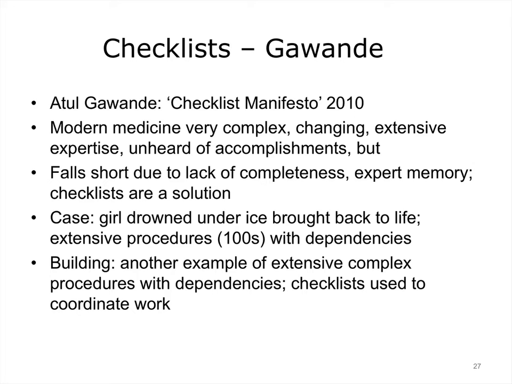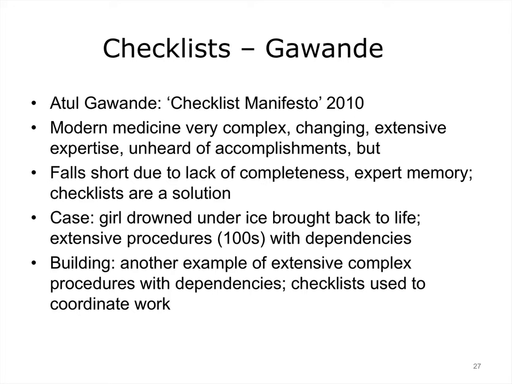The medical system's response to increased complexity has been for clinicians to specialize and undergo ever lengthier, sophisticated trainings. These procedures have dependencies. Keeping track of all the steps can be beyond even experts' memory. For this reason, checklists can be a solution.